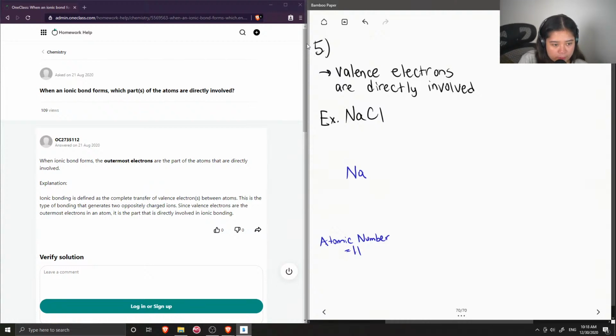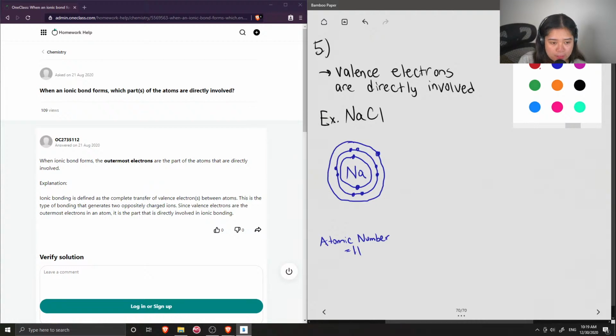So when I draw out my neutral sodium atom, I have my 2 electrons in the inner shell, and then I'm going to draw my 8 electrons in the next shell. So now this is 10, and sodium has an extra 1 electron in the valence shell.